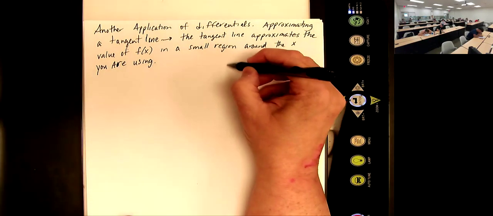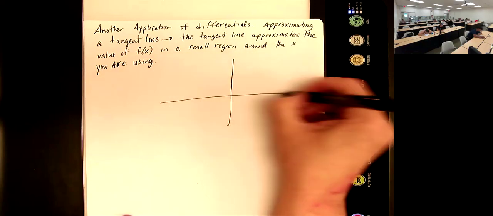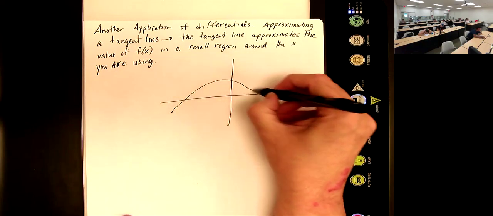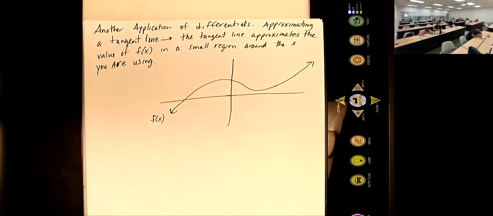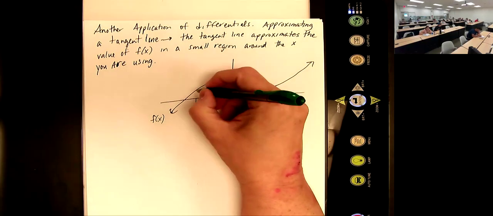Let's look at that a little bit pictorially. Let's say this is my f of x, and I do my tangent line from here.